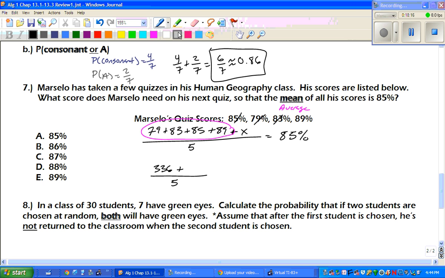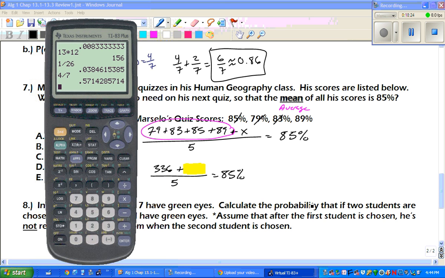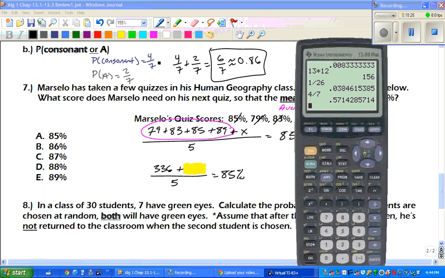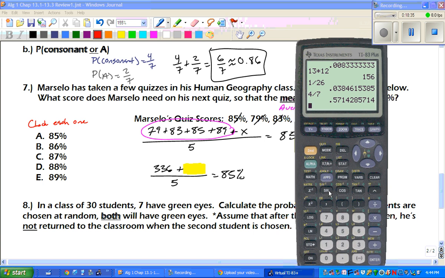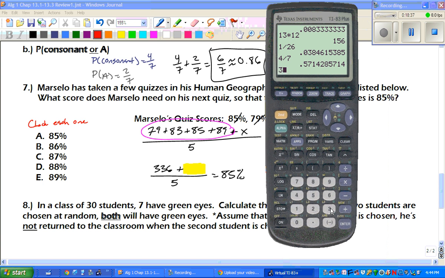So we need to find what special number goes in here to equal 85%. So the nice thing is we have all of these numbers over here, and what we're going to do is we're going to check each one. So we're going to do 336 plus 85. That's our total now.